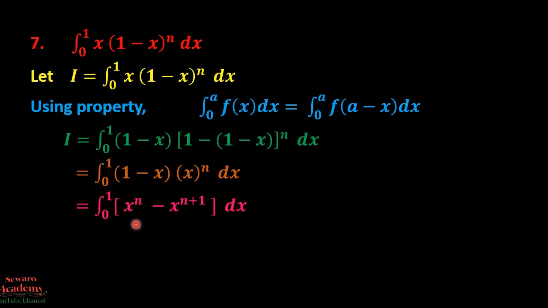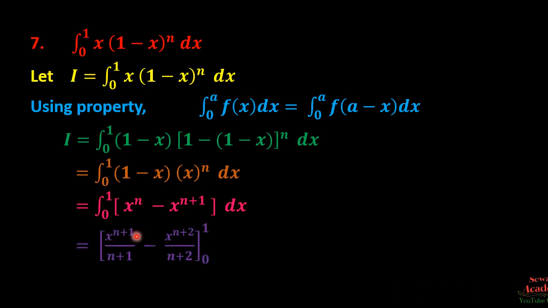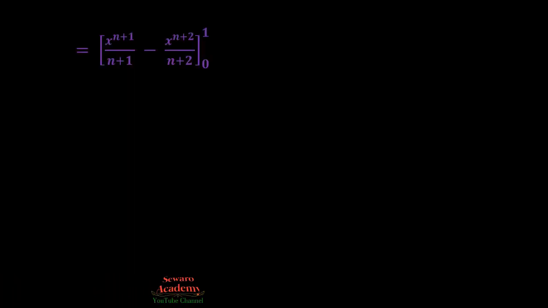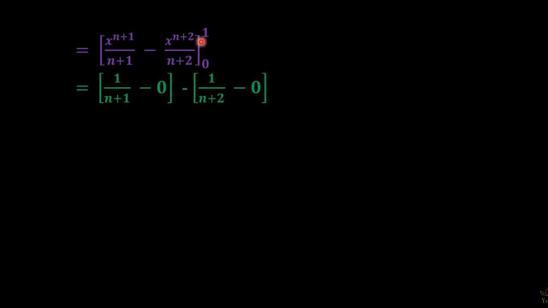Now we can integrate using the formula. Integration of x to the power n is x to the power n plus 1 by n plus 1. And integration of x to the power n plus 1 is x to the power n plus 2 by n plus 2. Lower limit is 0, upper limit is 1. Now here we put the upper limit and lower limit. Upper limit is 1, so 1 to the power n plus 1 is 1 divided by n plus 1. Then our lower limit is 0, so 0 to the power n plus 1 is 0. 0 divided by n plus 1 is also 0.